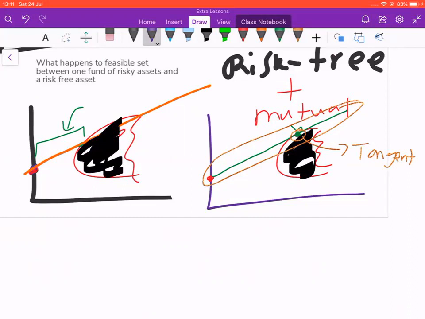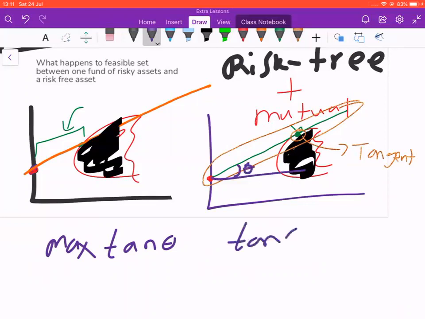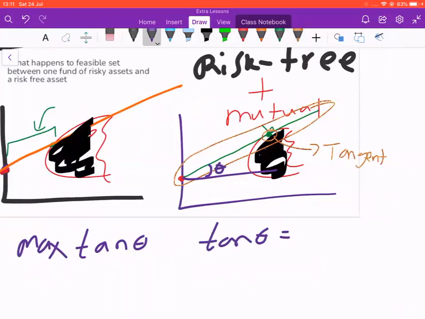To find this tangent, you are trying to maximize this thing over here. How do you find the tangent? You can find it using the gradient.